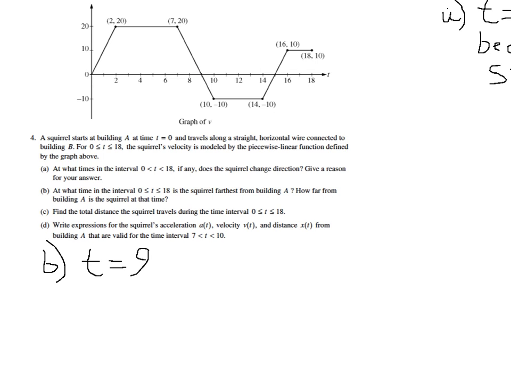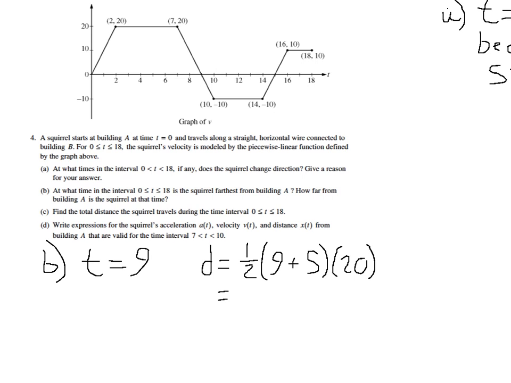So we just need to find the area under this trapezoid, and so my distance will be d equals 1/2 times base 1, which is 9, plus base 2, which is 5, times the height, which is 20.